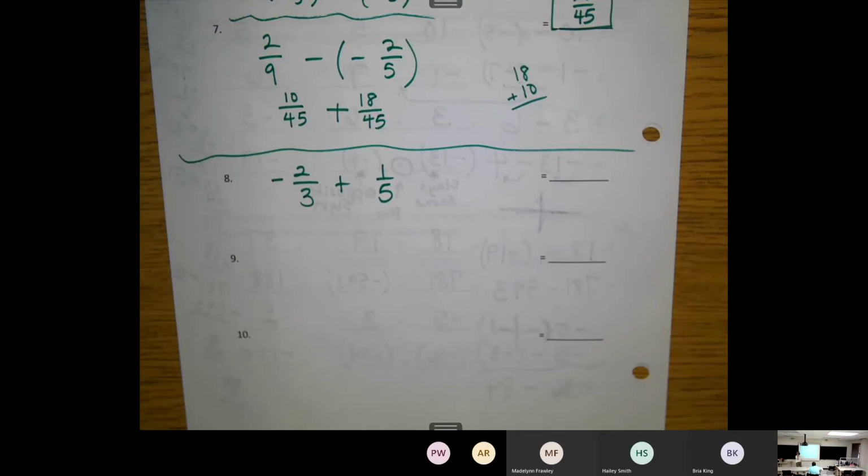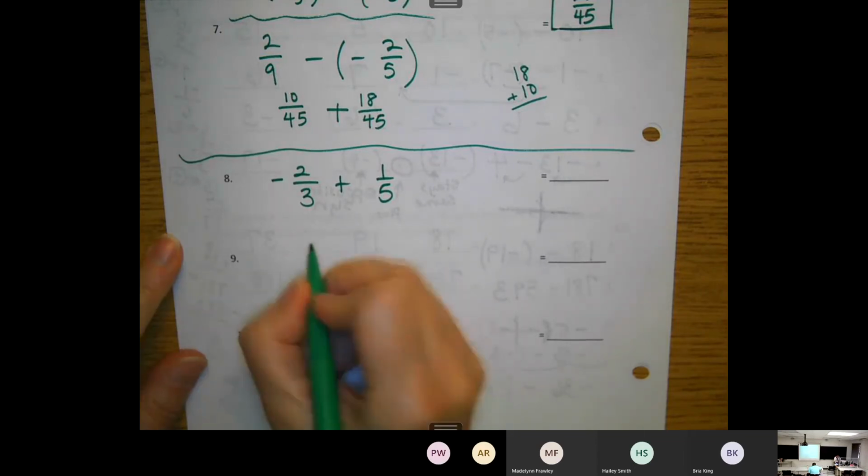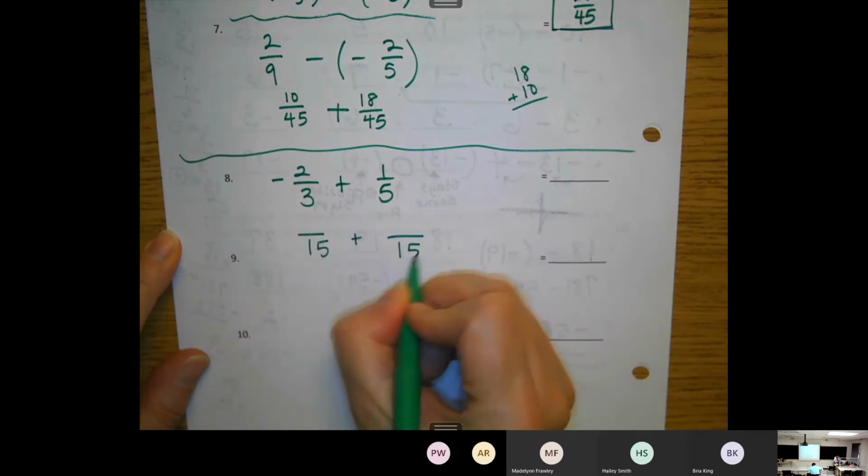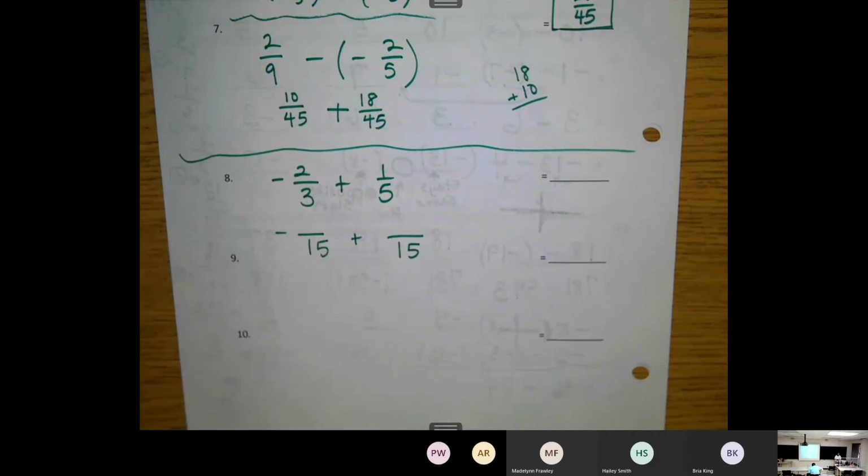What would be the common denominator this time? 15. Sounds good. So the first fraction, how many 15ths would that be?